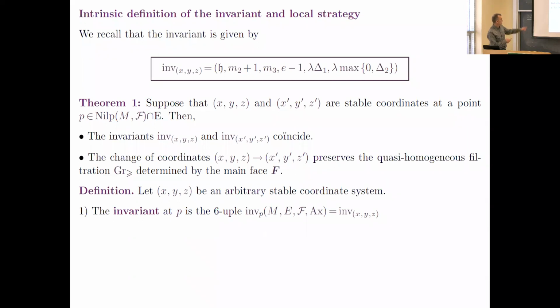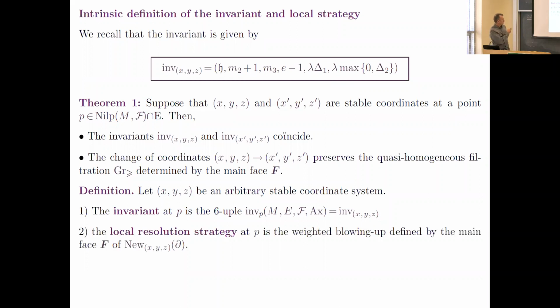As I mentioned before, it does not depend, in fact, on the choice of x, y, and z. And secondly, the local resolution strategy at P is the weighted blowing up defined by the face of the polyhedron, which is computed with respect to this stable coordinate system. Again, by the second part of the theorem, it's an intrinsic object.